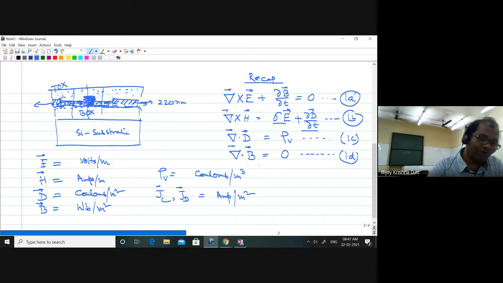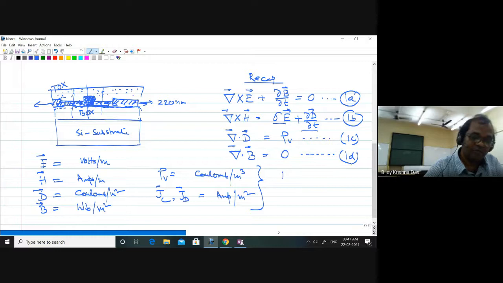And along with this, we need to use a couple of material properties, the material relations, how this displacement vector, this magnetic flux, electric field, other things, and charge, displacement, sigma, all those things, how they are related.